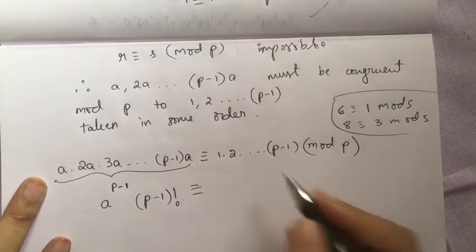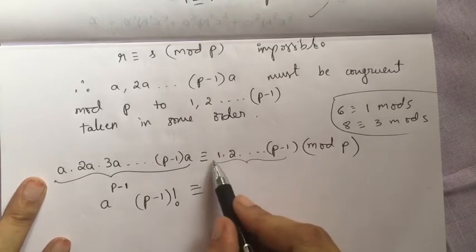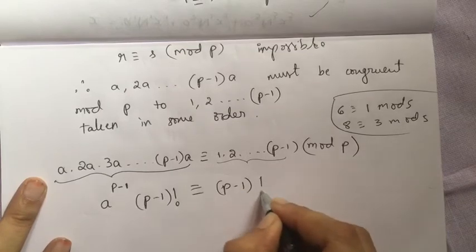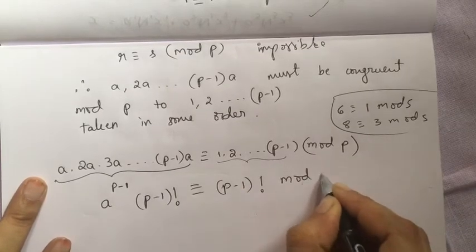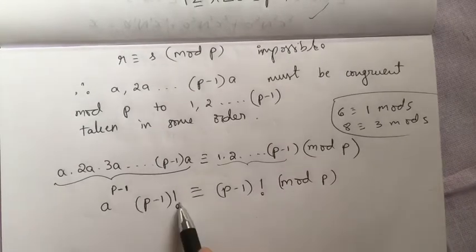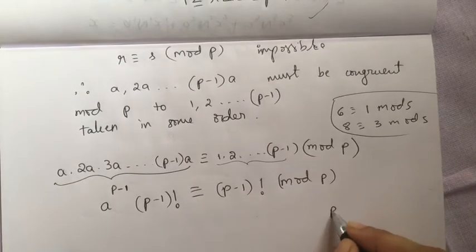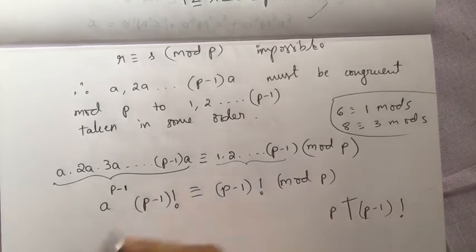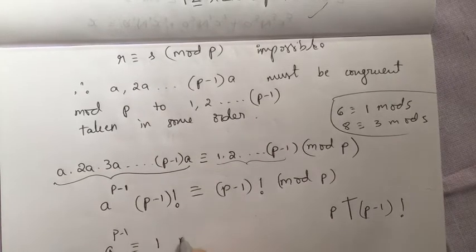This is congruent to, again multiplying from 1 to p minus 1, (p minus 1) factorial mod p. I can cancel (p minus 1) factorial because p does not divide (p minus 1) factorial. Therefore, I am left with a^(p-1) congruent to 1 mod p.